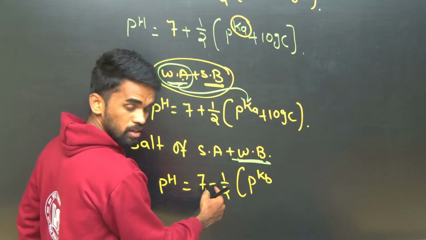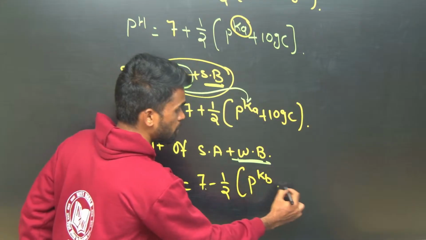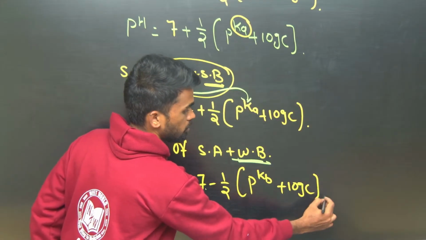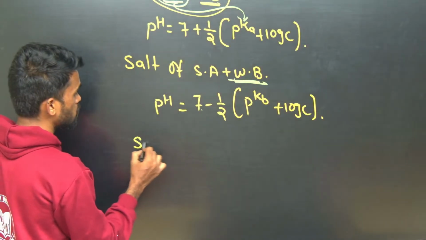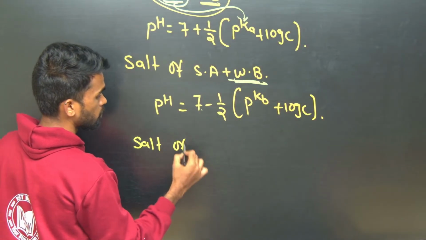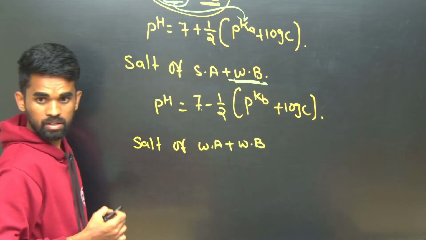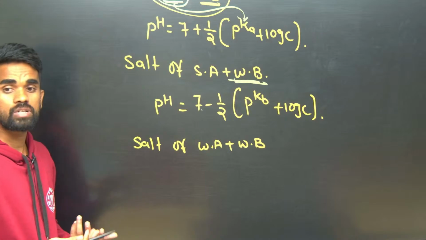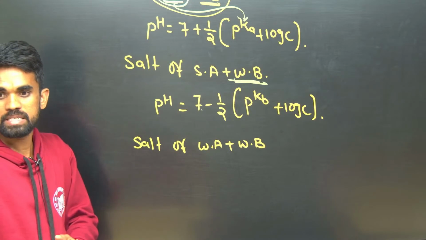So 7 minus 1 by 2 pKb plus log C. That's it. So now one more combination we have. What is that final combination? Salt of weak acid plus weak base. It is neutral? How are you saying neutral? It depends upon what type of weak acid and what type of weak base is involved here.